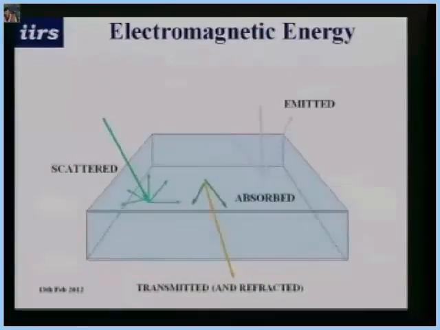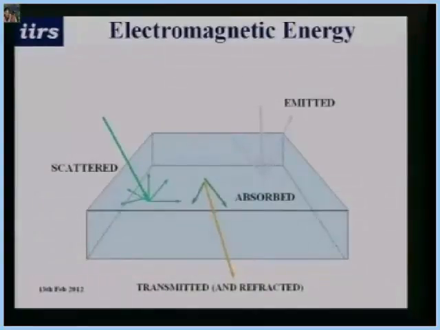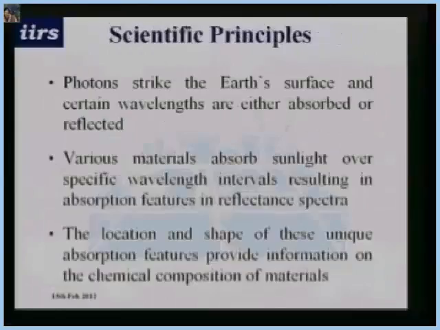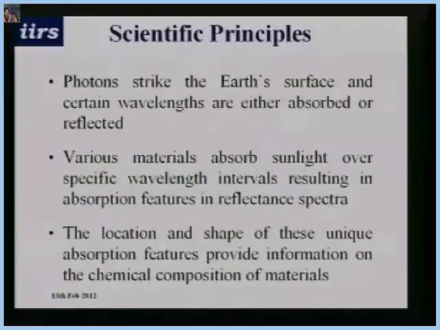Reflectance spectra have been used for many years to obtain compositional information about the Earth's surface. We measure the reflected and emitted radiation. Photons strike the Earth's surface, and certain wavelengths are absorbed and certain are reflected.